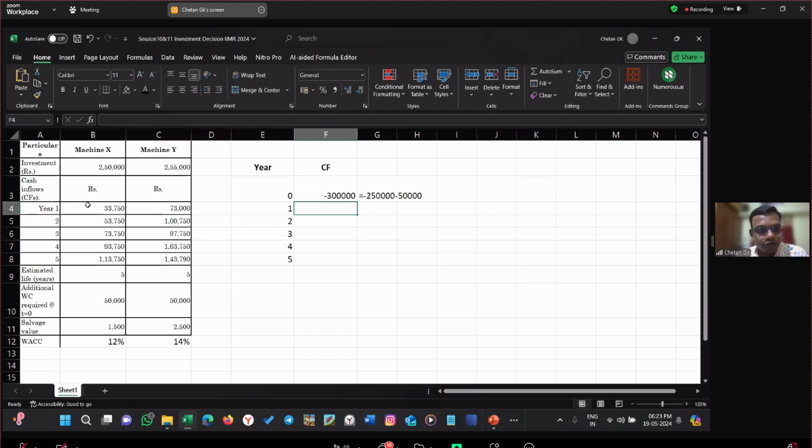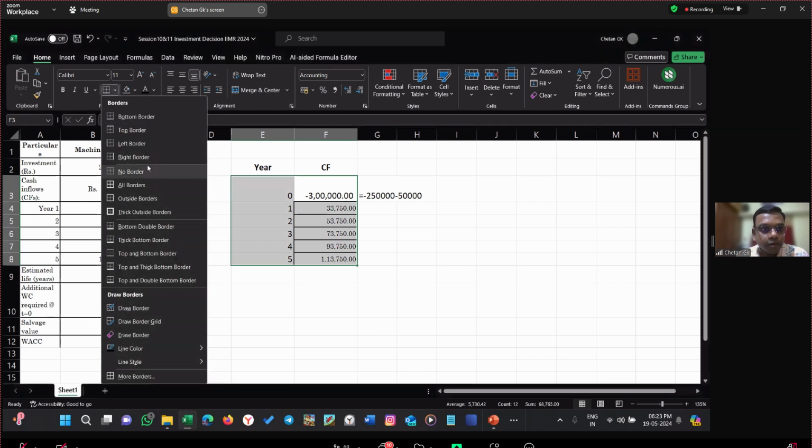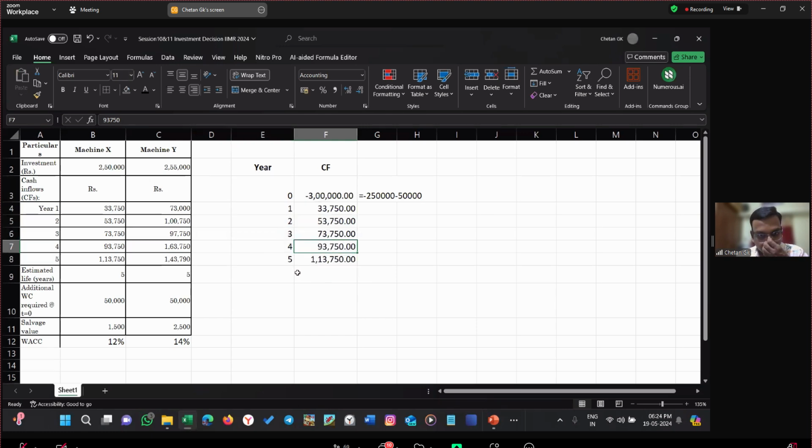Next. So what I do is for the next 5 years, I'll just copy and paste the cash inflows the way they are. Fine. So what happens here at the 5th year?